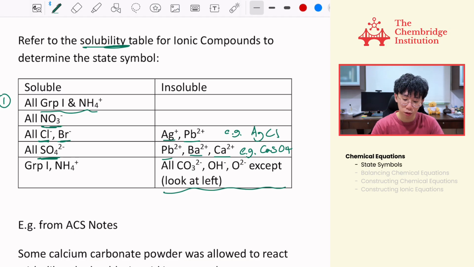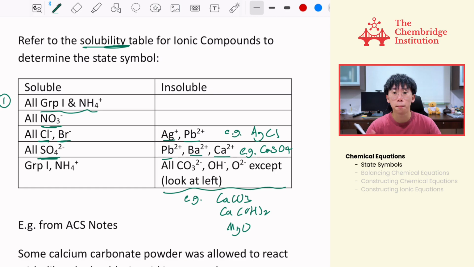For example, calcium carbonate, calcium hydroxide, and magnesium oxide are all generally insoluble ionic compounds, unless they have a group 1 or ammonium ion. For example, sodium oxide is soluble in water.